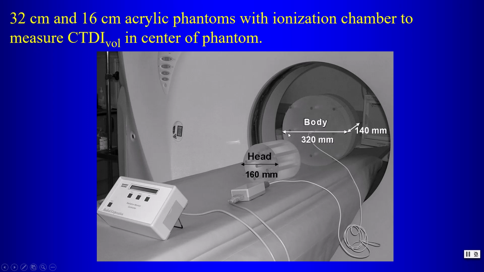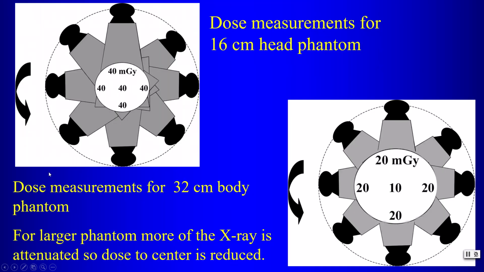So your protocol is set, your body phantom is here, your ionization chamber is put in the middle of that, and as you would expect, there's going to be more attenuation of the X-ray beam by the body phantom than there is going to be by the head phantom. So the CTDIvol for the head phantom is going to be much higher than the CTDIvol for the body phantom.